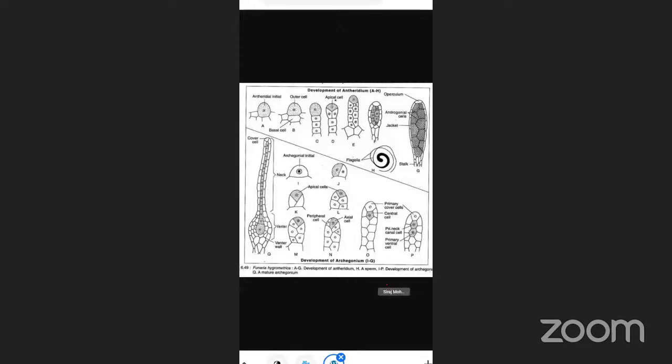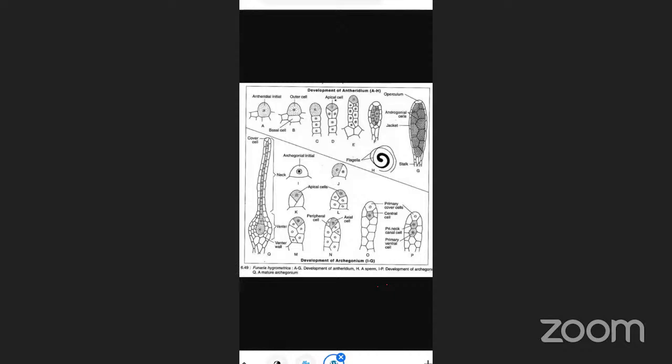Antheridia means the male reproductive organ. Archegonia means the female reproductive organ. The antheridia are clavate with a short stalk. Capitate paraphyses, sterile structures, are intermixed with the antheridia.